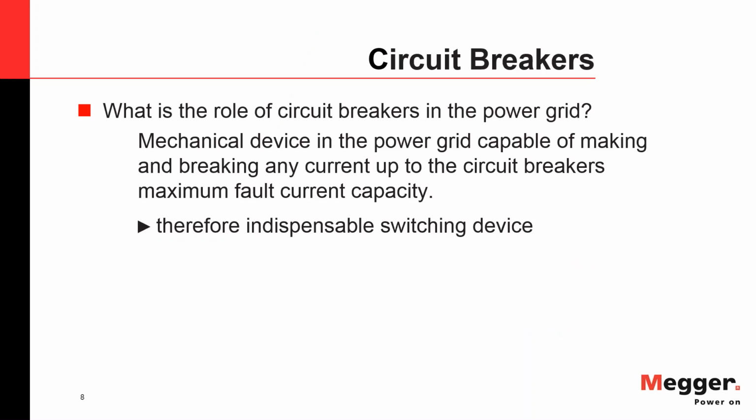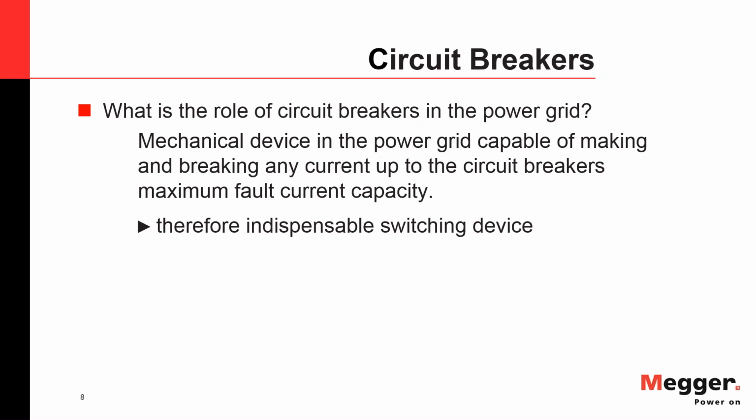It does electrical switching, so its duty is electrical, but its construction and its way of functioning is mechanical. It is the only mechanical device to break and make any current up to its own capacity, up to the highest fault currents that it can handle. And therefore, you cannot really get rid of the circuit breakers.